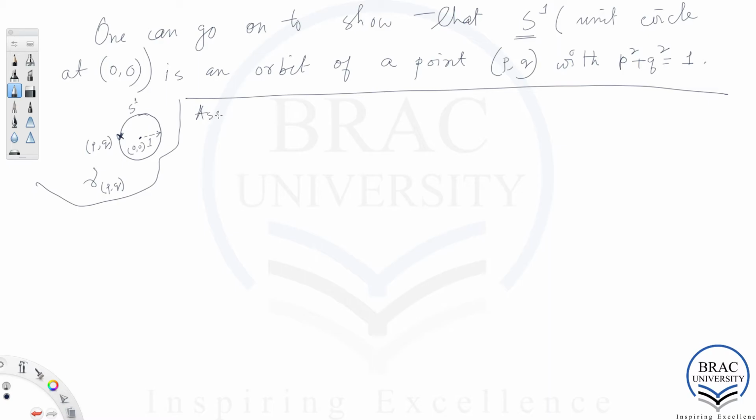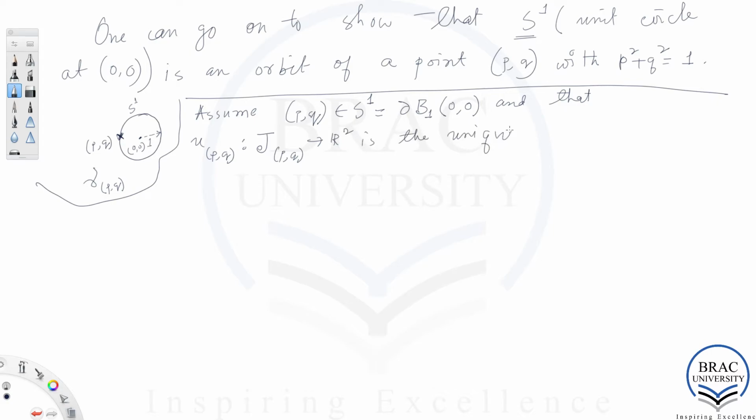Now assume (p, q) being on this circle S1, which is nothing but the boundary of this open ball B(0, 1), and that u sub (p, q) from J sub (p, q) to R2 is the unique solution to the system in equation number 22.